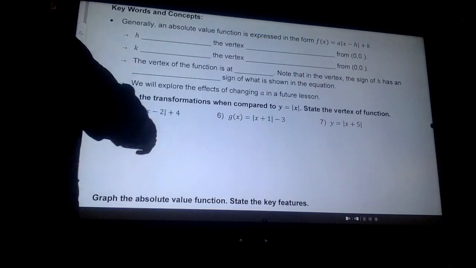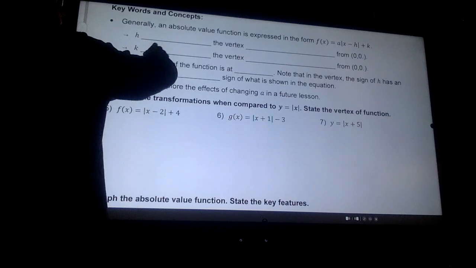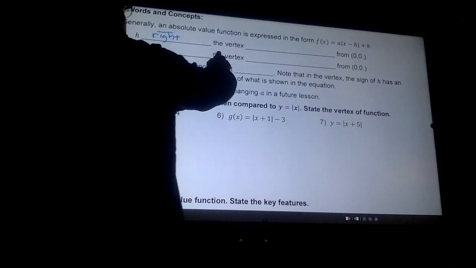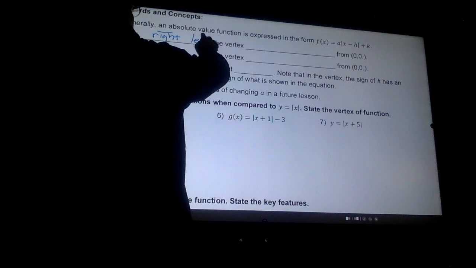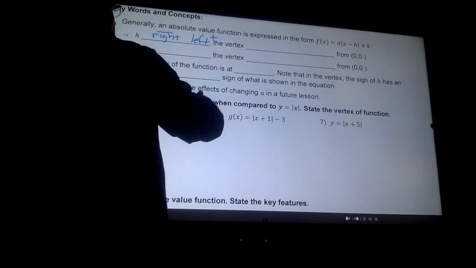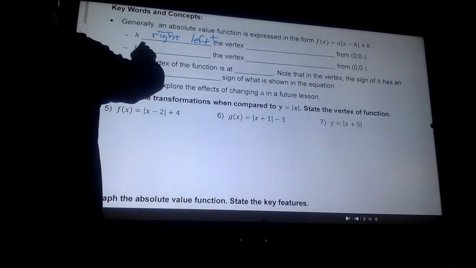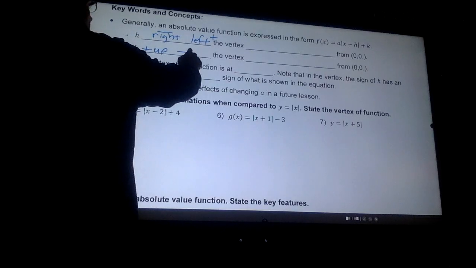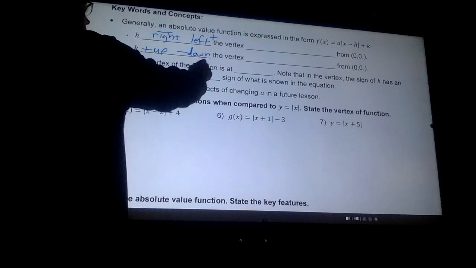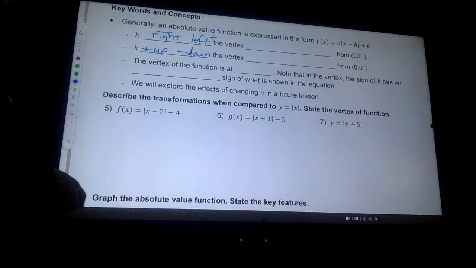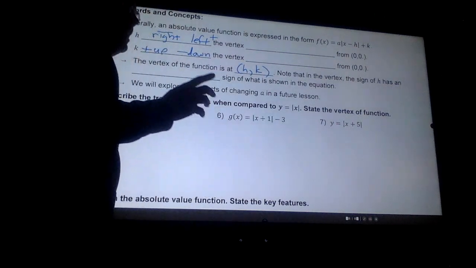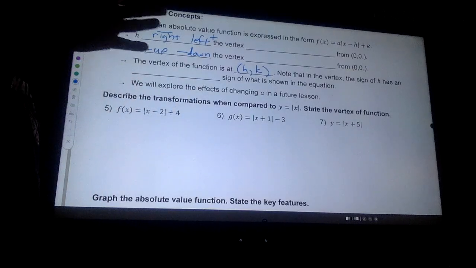H moves right if negative, left if positive. K goes up if it's positive. If it's negative, it moves down. The vertex of the function is denoted as h comma k. So again, it's the opposite value inside and then the same value outside.